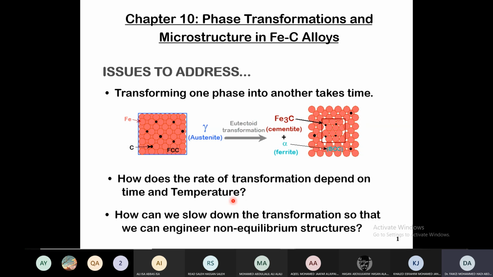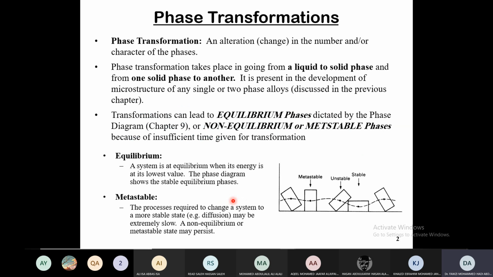We cannot do that. But the metastable phases we can indefinitely use. Why? Because although they are not stable configurations, in order to change they take a huge amount of time, and you need, in addition to that, a raise in temperature as well. So these are the things that we are going to look at in this chapter.